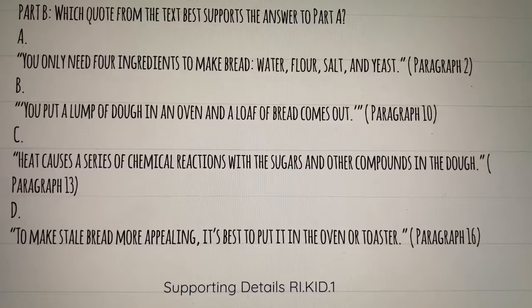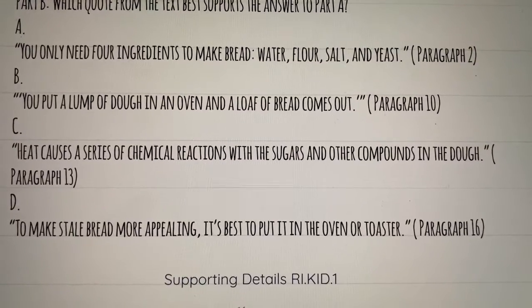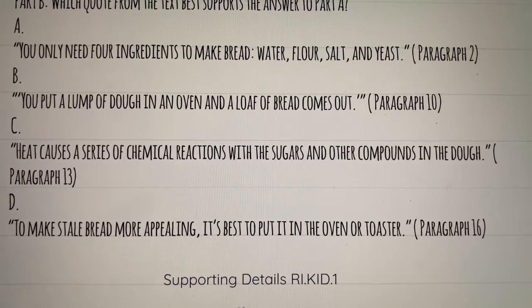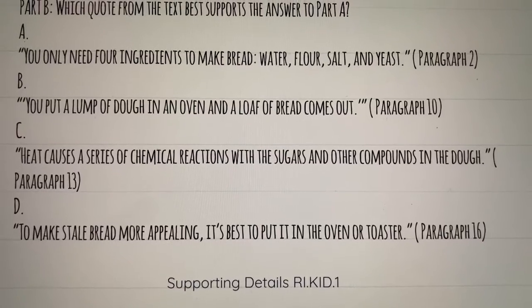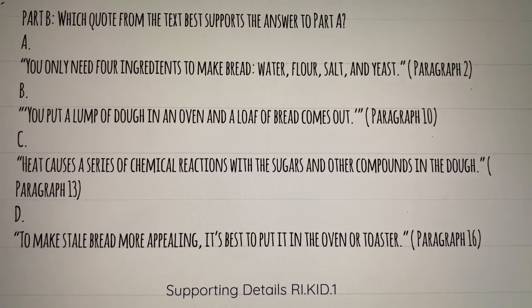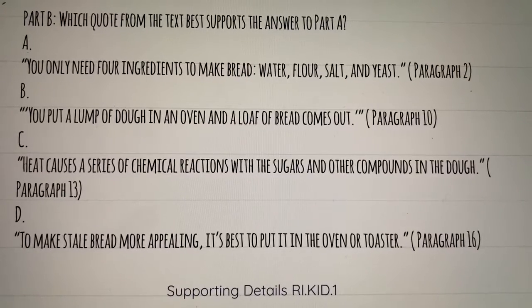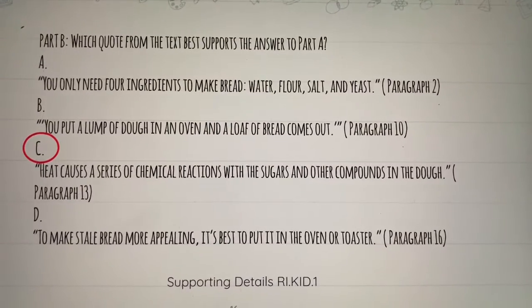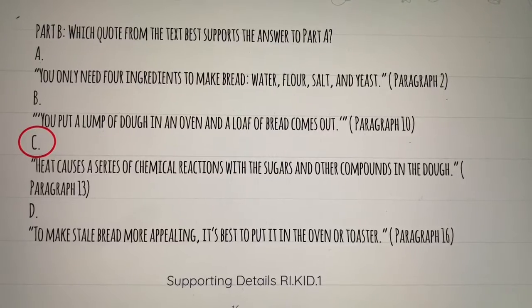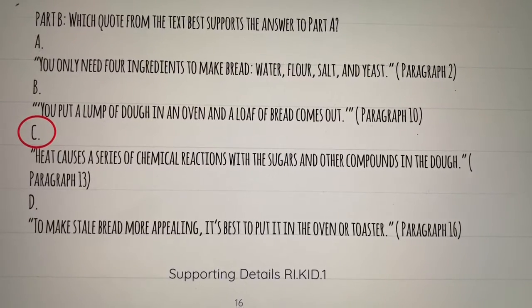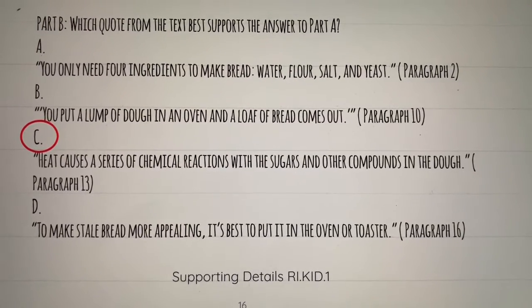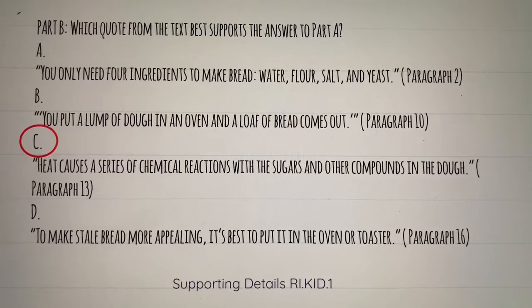And so B, C, and D are all about the process, but which one do you think is the best support for the central idea? If you said heat causes a series of chemical reactions with the sugars and other compounds in the dough, then you were correct.